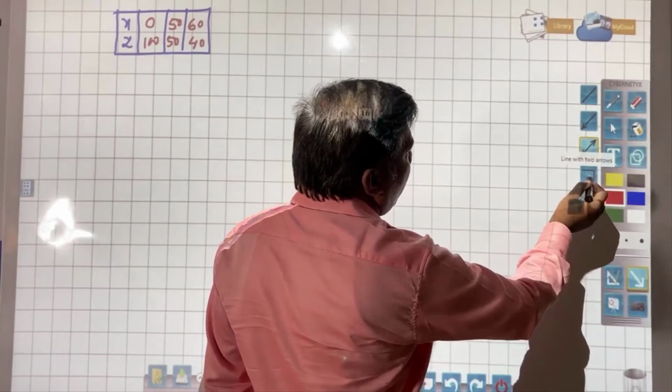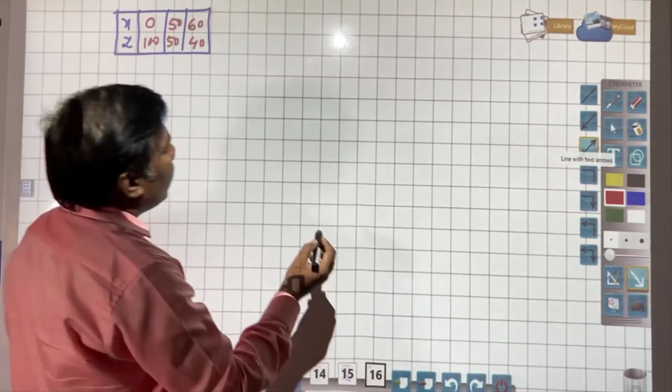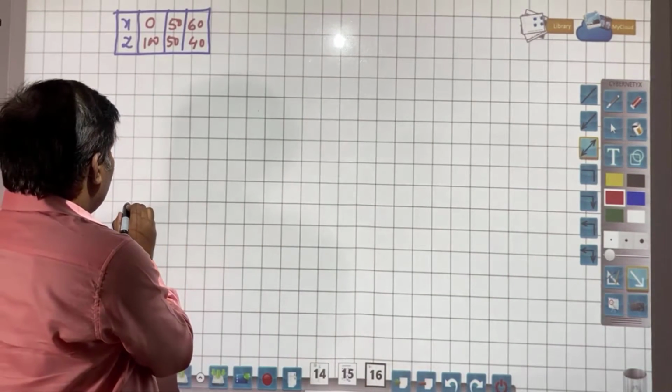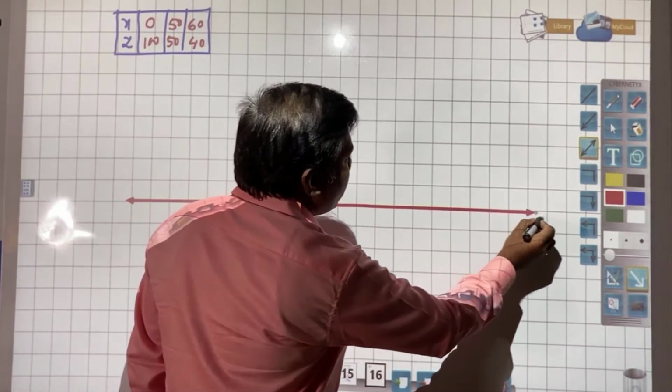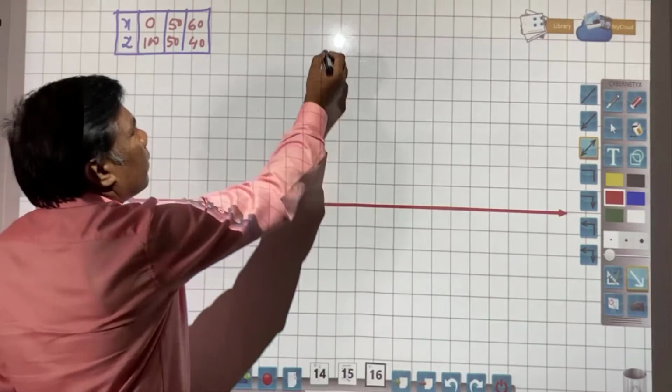Now plot the graph, and for that what we need? We need x-axis and y-axis is required to be plotted in this way. Here you see.